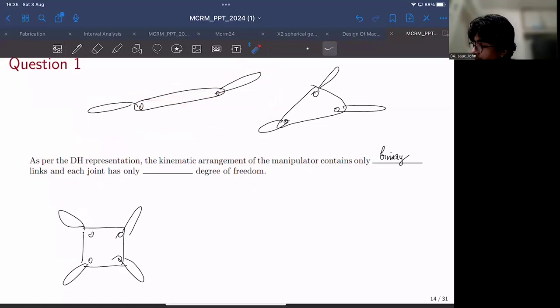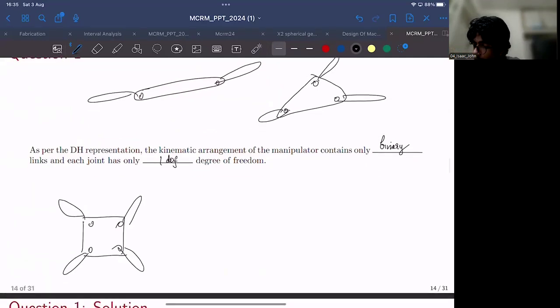Right? So the manipulator is assumed to contain only binary links, and each joint has how many degrees of freedom? Again, as per the assumption of this DH representation, each joint can only have 1 degree of freedom. And for complex joints like the ball and socket spherical joints, you can decompose it into 3 intersecting revolute joints.